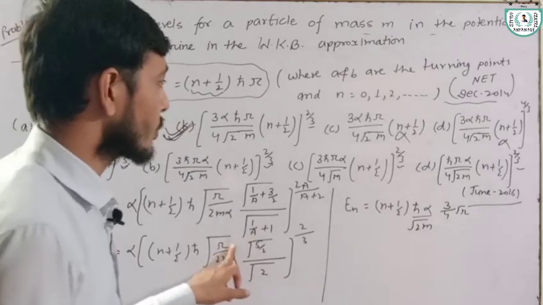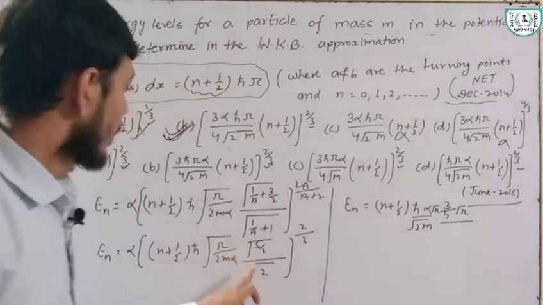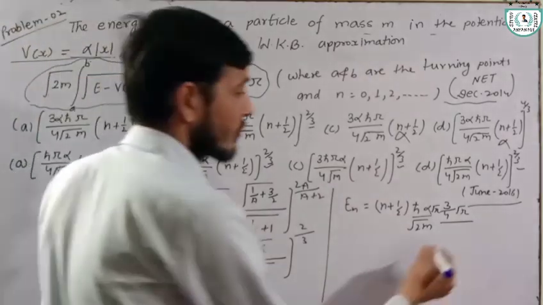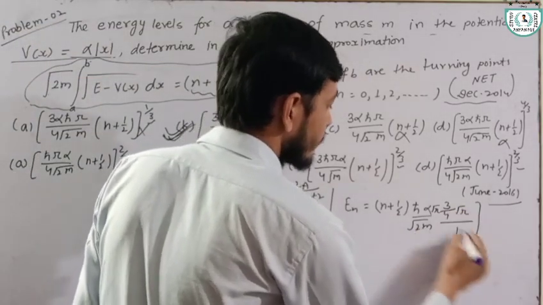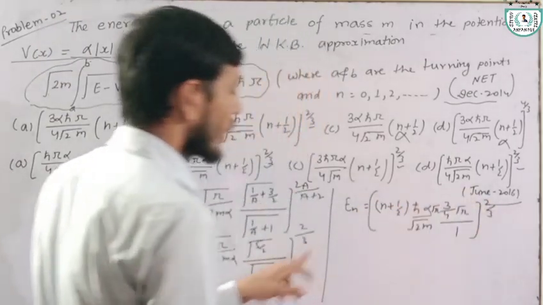And we also have root pi upon gamma 3, where gamma 3 is equal to 2, all raised to power 2 by 3. Okay.